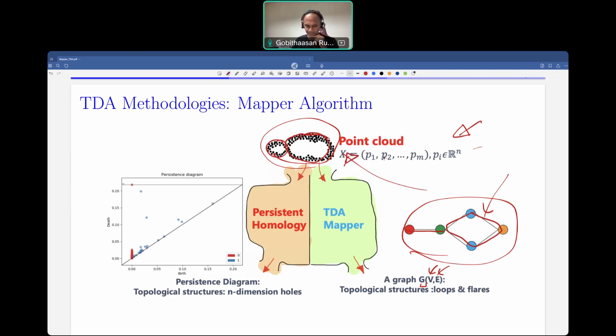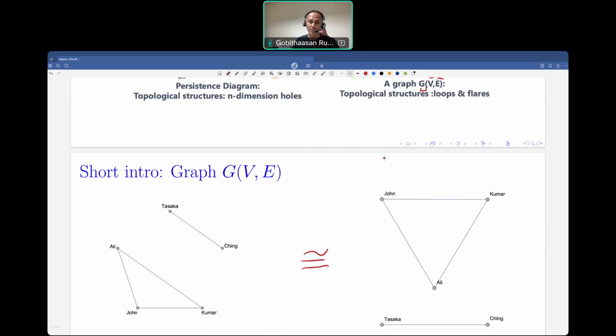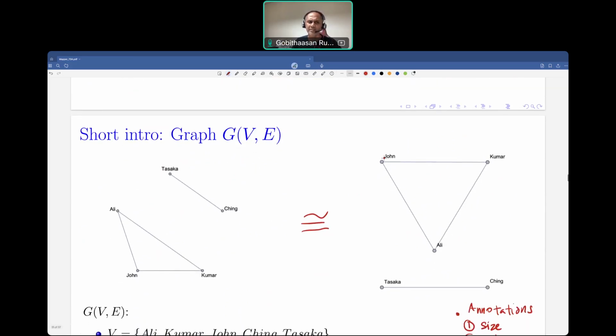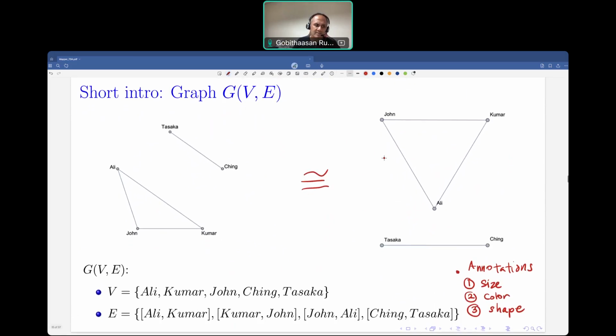All right, let's look at the details. Before we go to the Mapper algorithm, let's understand a little about a graph, or a network. This is an example of a friendship network. A graph has a set of vertices and a set of edges.